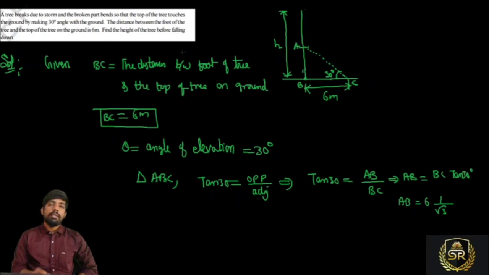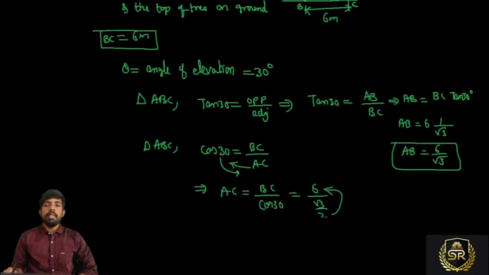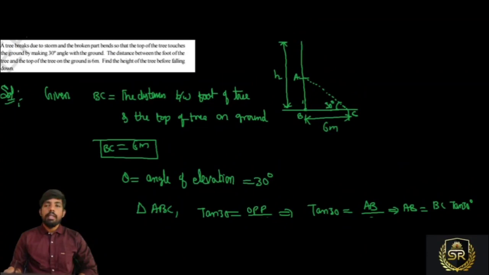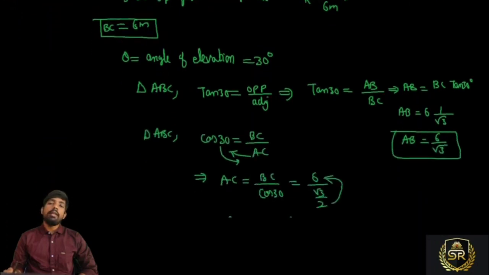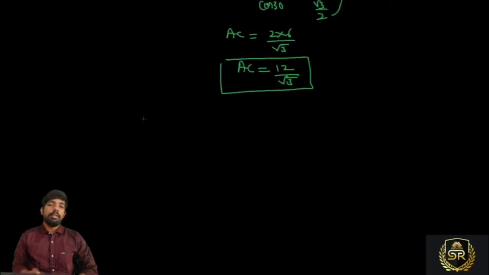So from here we can say the height of the tree before falling is equal to AB plus AC. AB plus AC will give you the height of the tree.